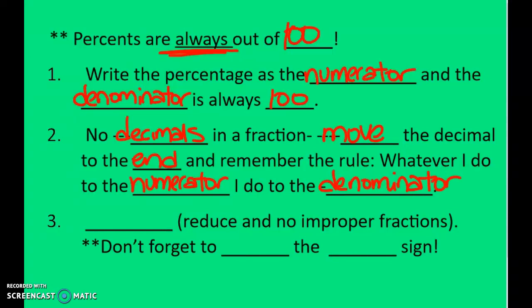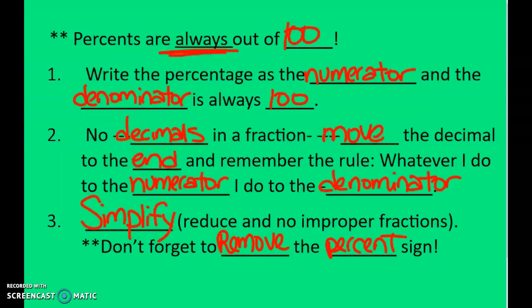We're going to see some examples like that. Okay, and then we're going to simplify. We've seen this rule before. Simplify, which means reduce and have no improper fractions. And don't forget to remove the percent sign. Okay, we're going to a fraction, so it's no longer a percent.